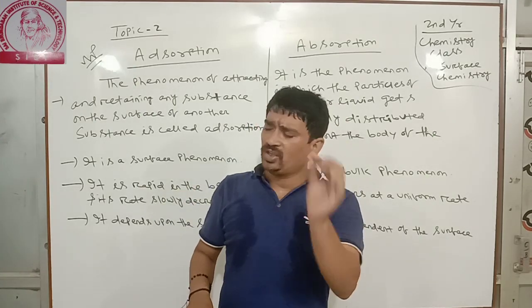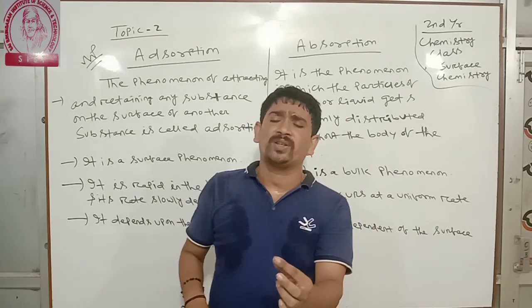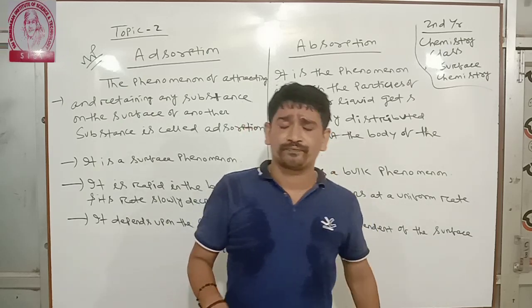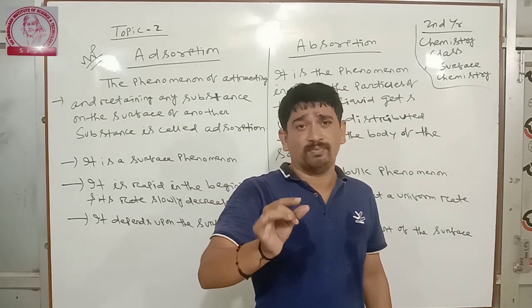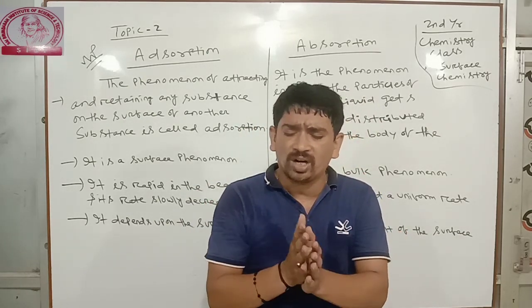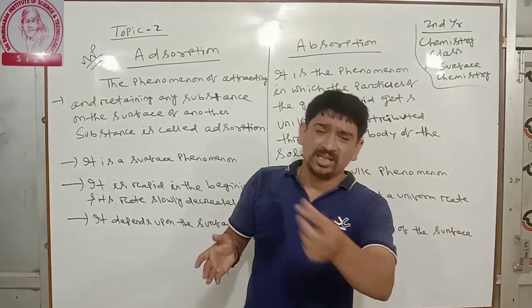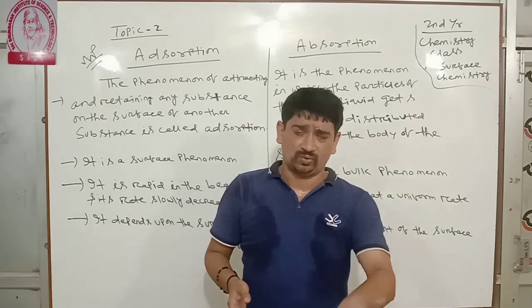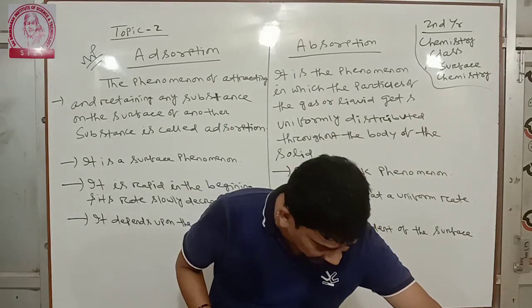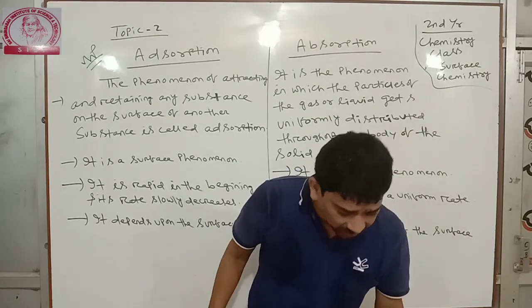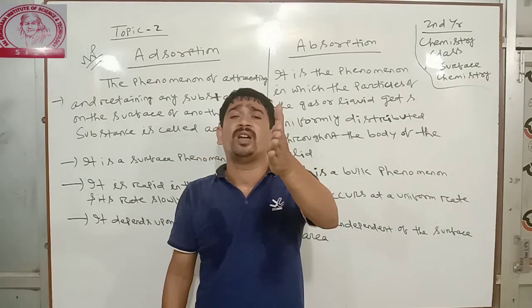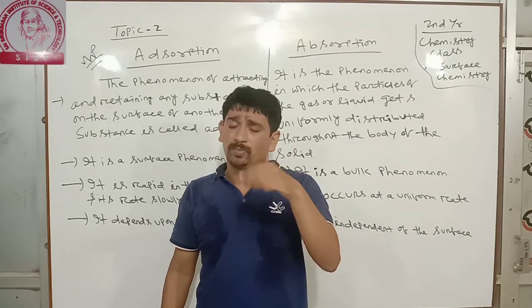The dyes that get adsorbed on the surface of the chalk, that is adsorption. But whenever you break this chalk, you will find the inside is colorless or white. That is absorption, because the colorless solvent of the ink goes deeper into the chalk.